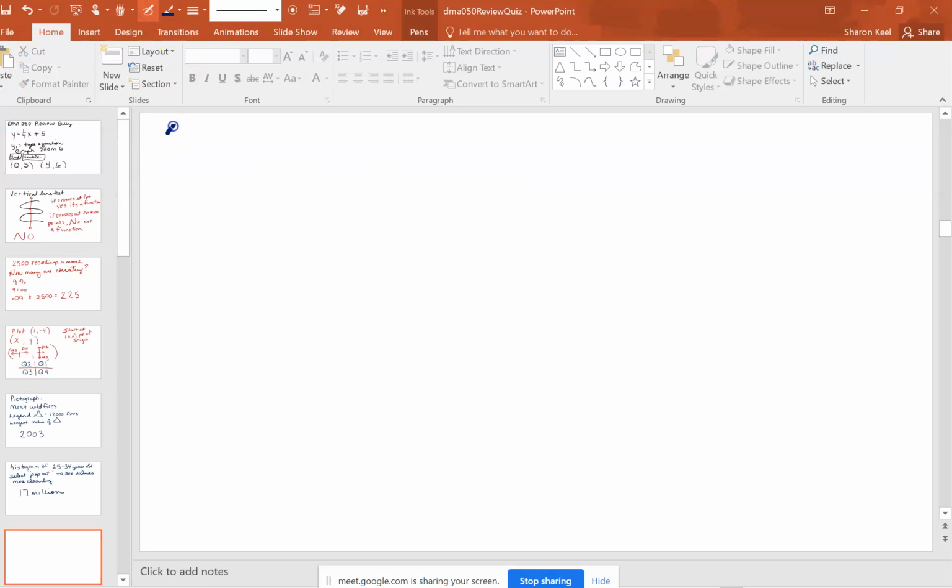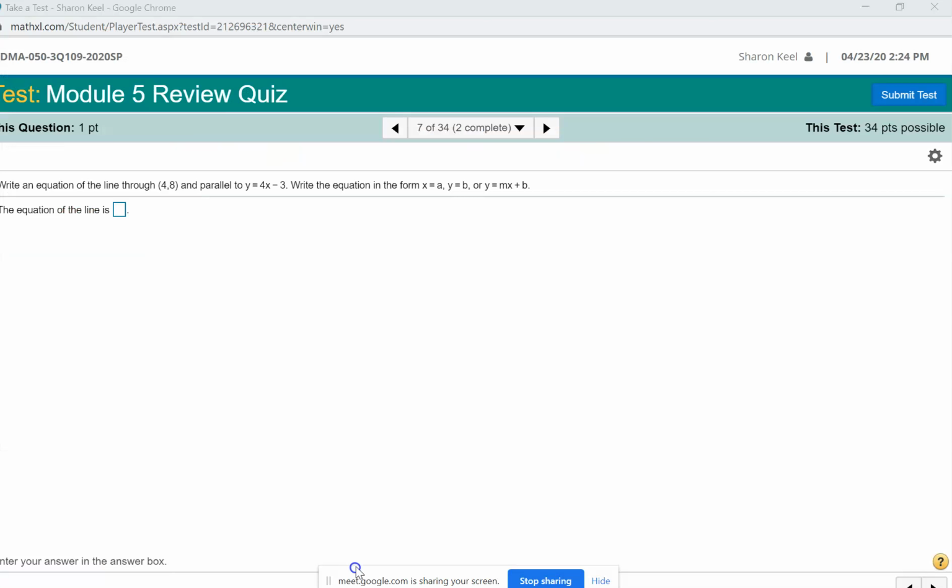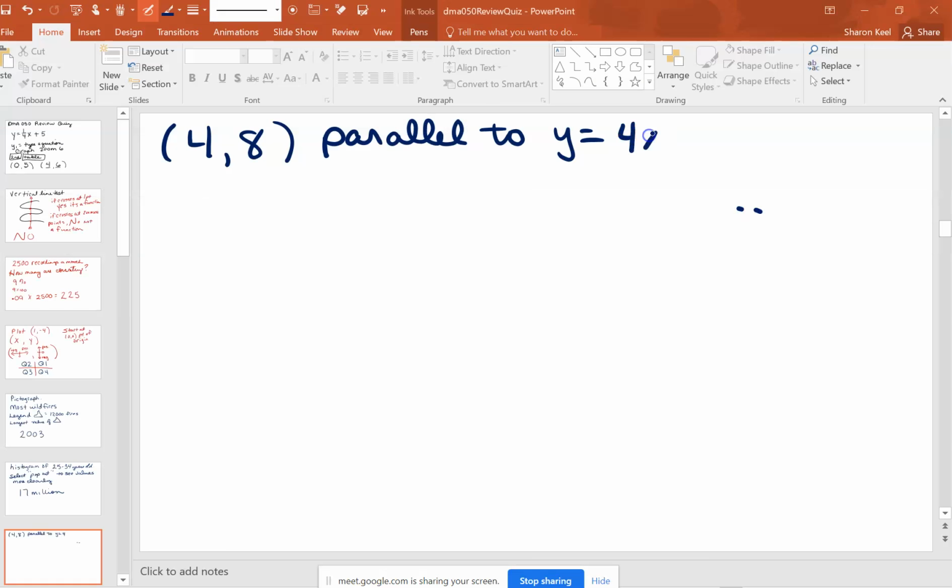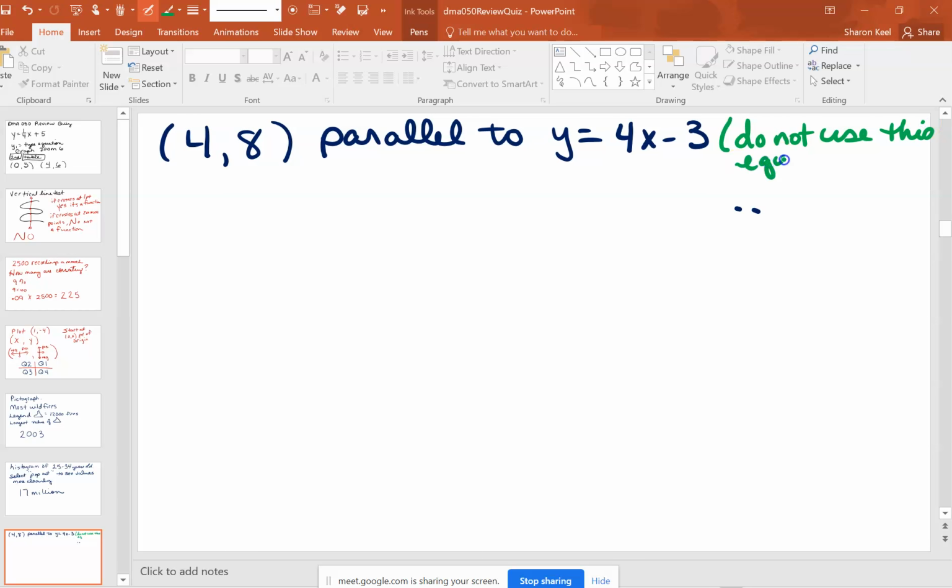So we have an ordered pair, (4, 8), and we're going to write an equation that's parallel to y equals 4x minus 3. Now, let me make note here. I'm going to tell you, do not use this equation.